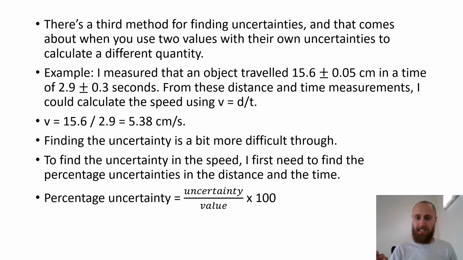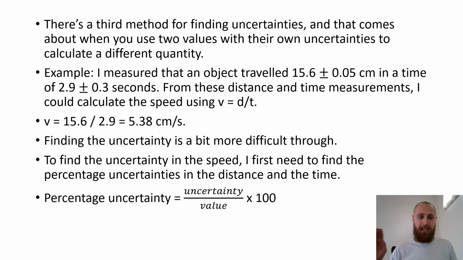And from these distance and time measurements, I can calculate the speed using speed equals distance divided by time. So finding my value of speed is going to be pretty straightforward stuff. My speed is 15.6, my time is 2.9. 15.6 divided by 2.9, that gets me a speed of 5.38 centimeters per second. So that's easy stuff. Finding the actual value of the speed, it's easy. You just use your distance and your time. You don't worry about the uncertainties.